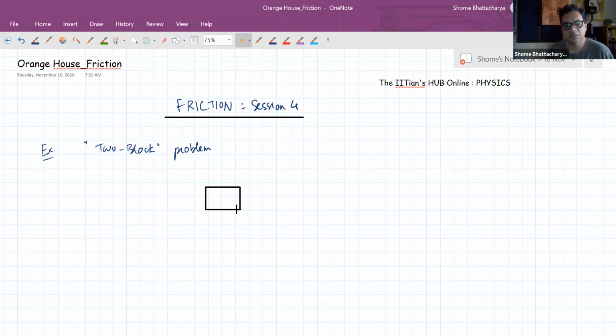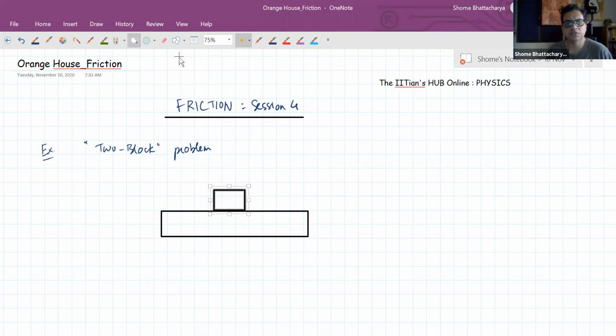So basically it's like this: blocks kept one on top of the other, such that there is some kind of friction between the two blocks. That is, the upper surface of the larger block has a particular coefficient of friction with respect to the block on top of it, whereas the ground in this case is a smooth surface.